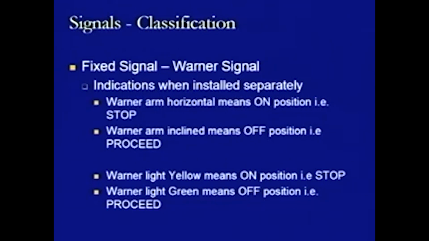One is that the Warner arm is horizontal, which means it is the on position, which defines the stop condition, or the Warner arm is inclined, and it is an off position, which means that proceeding is allowed at this signal.